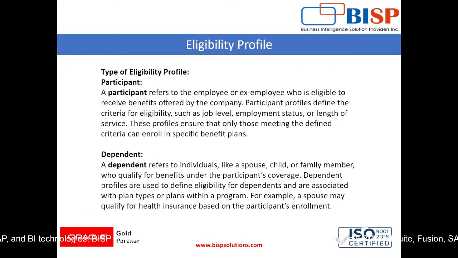And the dependents are your spouse, child, or family member who qualifies for benefit under the participant coverage. So if you apply a dependent eligibility profile, then whether your spouse, child, or any family member qualifies for the benefit, they will get the coverage.